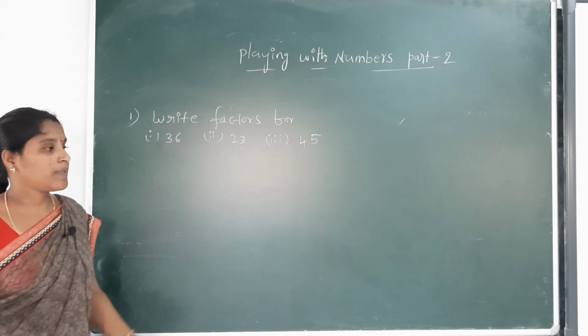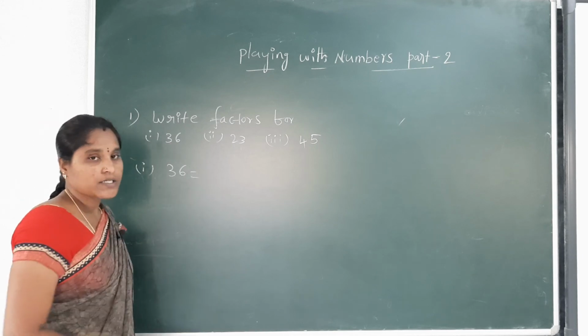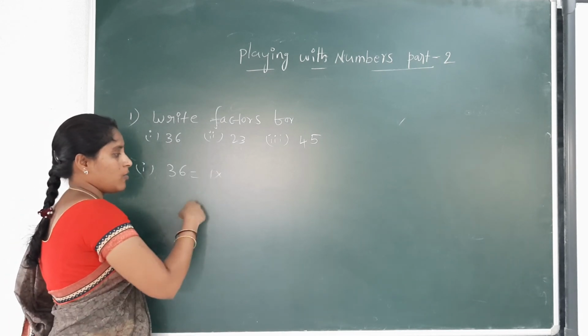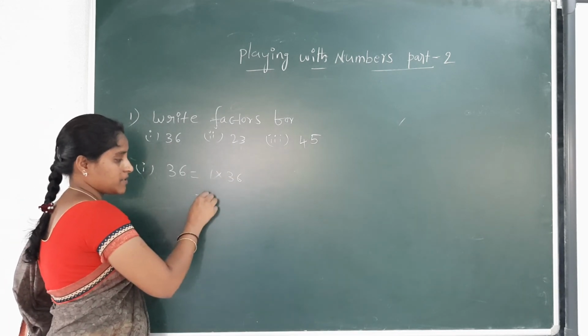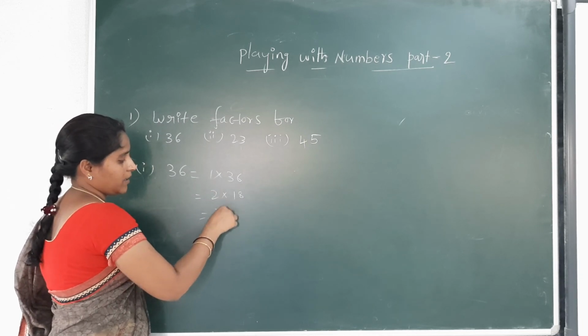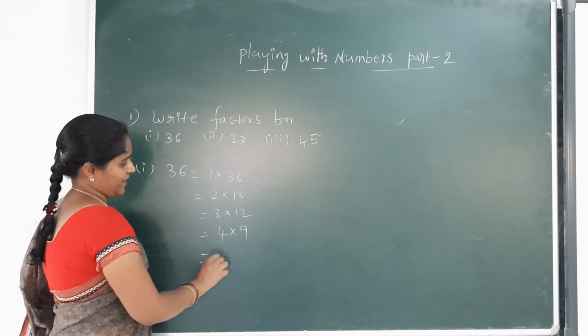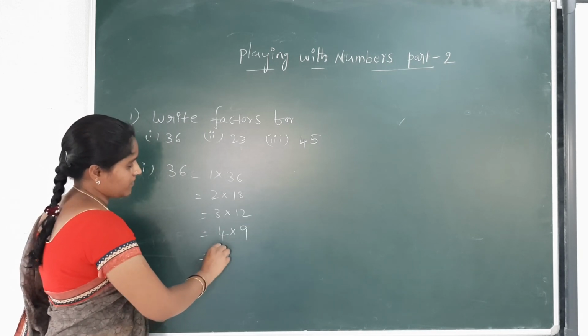What is the first number? 36. We already know how to write factors. Start with the 1 table: 1 times 36. Next, the 2 table: 2 times 18. Next, 3 times 12. Next, 4 times 9. Next, 5 is not possible.